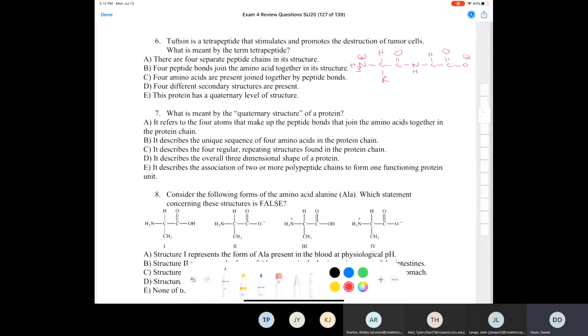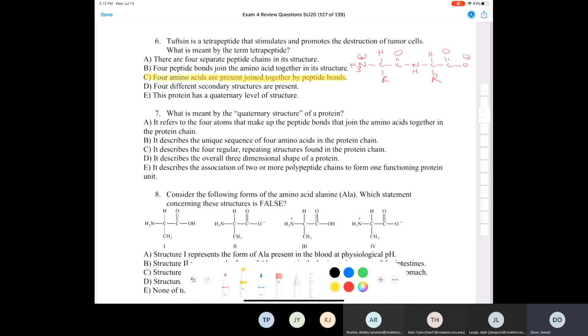If I have 3 amino acids together, I'd call that a tripeptide. And if I have 4 amino acids linked together, I would call that a tetrapeptide. The answer is C: 4 amino acids are present, joined together by peptide bonds.